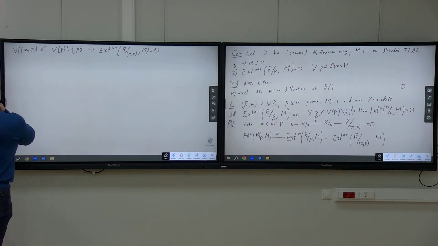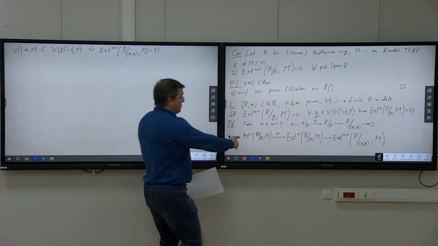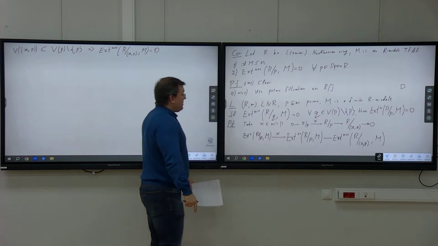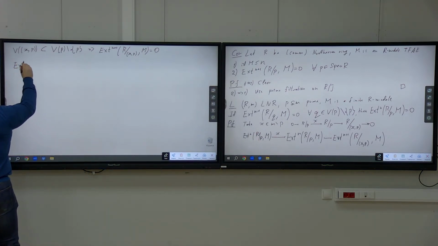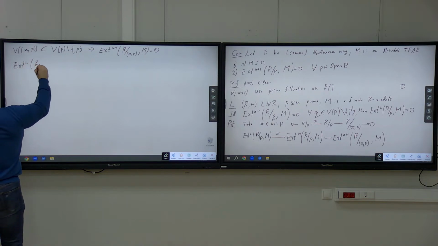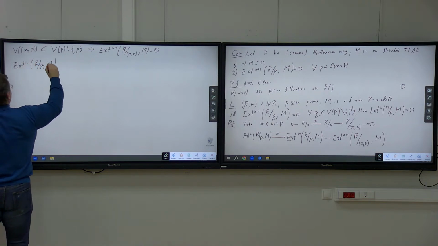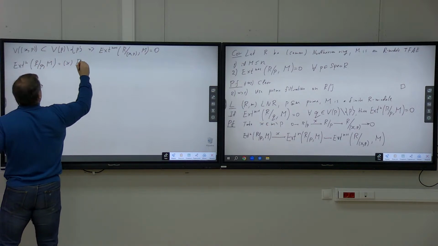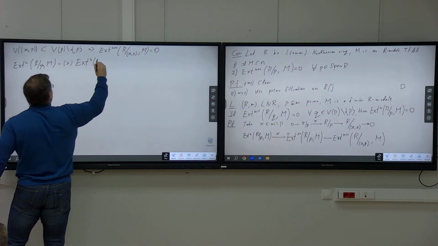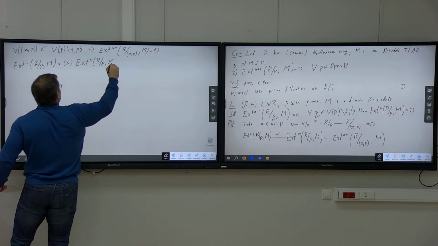But then we're almost done, right? Then the last term is equal to 0. So multiplication by x is some endomorphism of this Ext^n, which is surjective. So I can say that the xExt^n(R/𝔭, M) is equal to the Ext^n(R/𝔭, M).